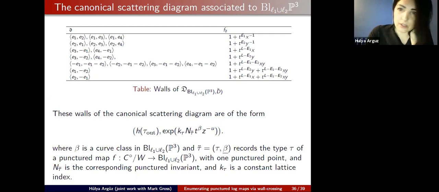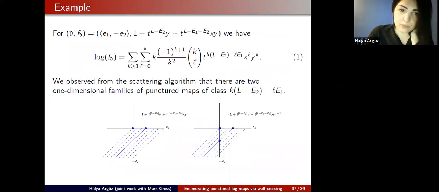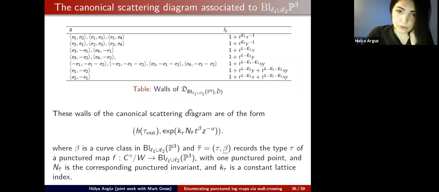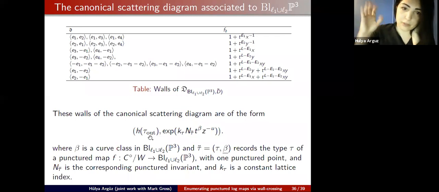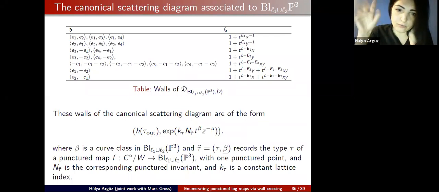And what does it tell us about enumerative geometry, about punctured invariants? So we know that by the description of the canonical scattering diagram due to Gross-Siebert in all dimensions, these walls are of the form H dot is some wall support of the wall. The wall crossing functions are of the form exponential of some constant times some punctured log Gromov-Witten invariant t to beta z to minus u.